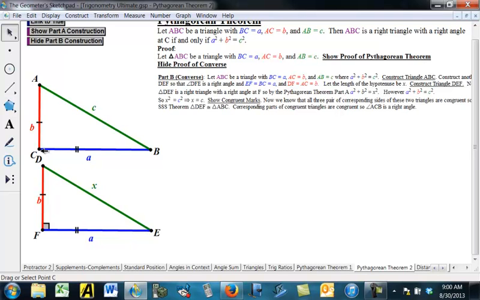We proved that if you start with a triangle with sides of length A, B, and C, where A squared plus B squared equals C squared, then it has to be a right triangle with a right angle at C. And we also proved that if you start with a right triangle, we get this relationship, A squared plus B squared equals C squared, where C is the length of the hypotenuse, the longest side. So there are a couple of proofs of the Pythagorean theorem and a proof of its converse.